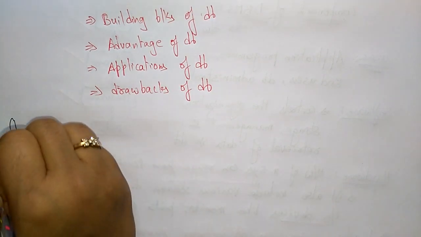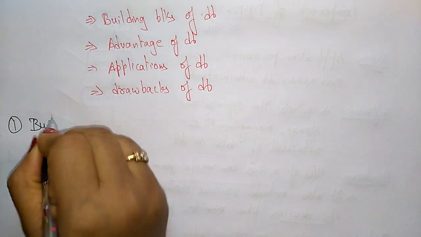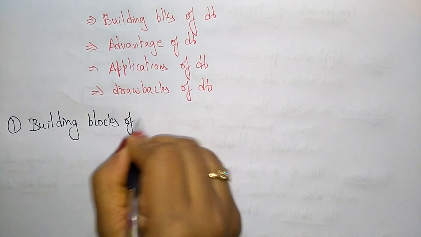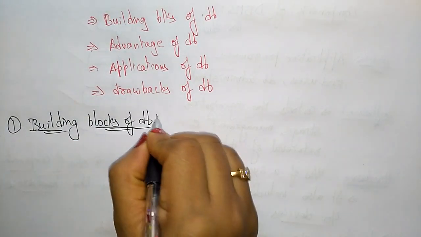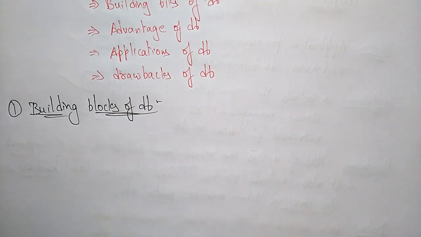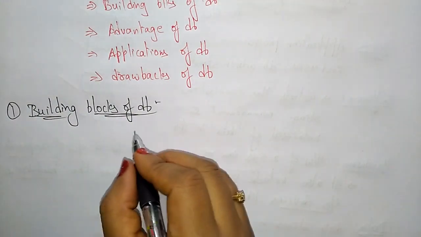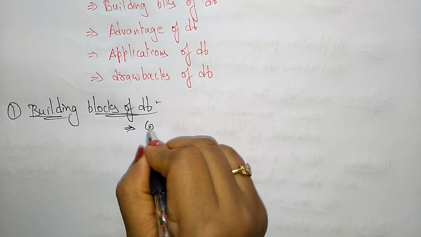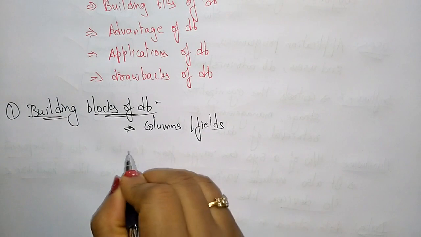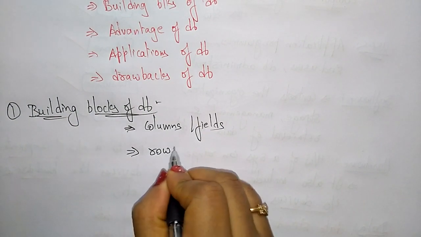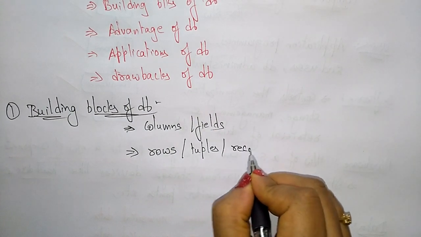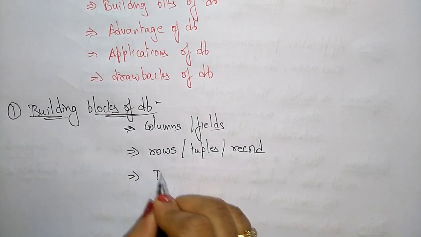Now let us see what are the building blocks of database. So the main building blocks of the database, to implement the database, we require columns or fields, rows, or you call tuples, or another name for tuples is the record, and tables.